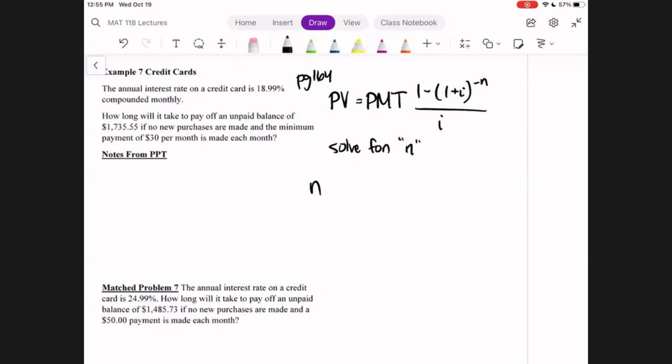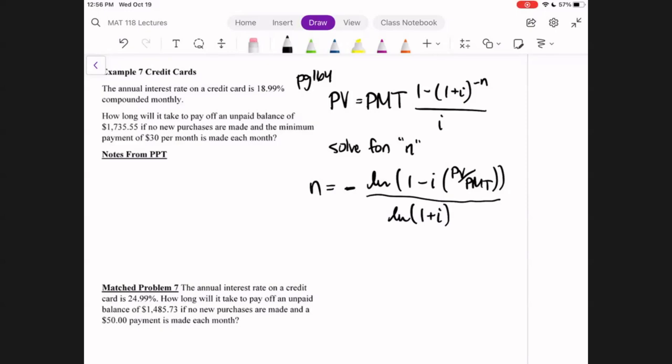The book gets that n equals minus natural log of 1 minus I times present value divided by your payment, close parentheses, all divided by natural log of 1 plus I.